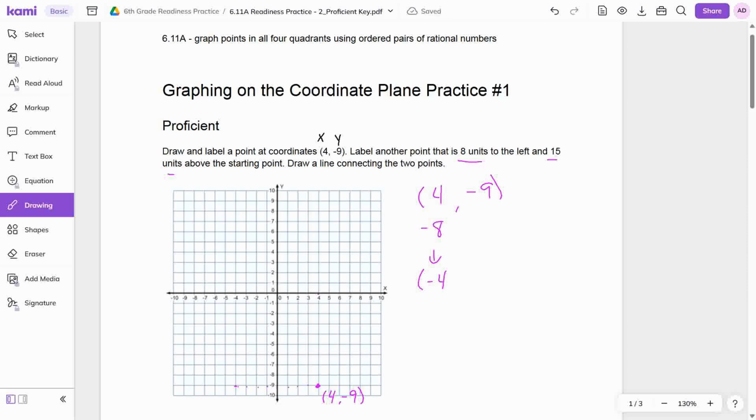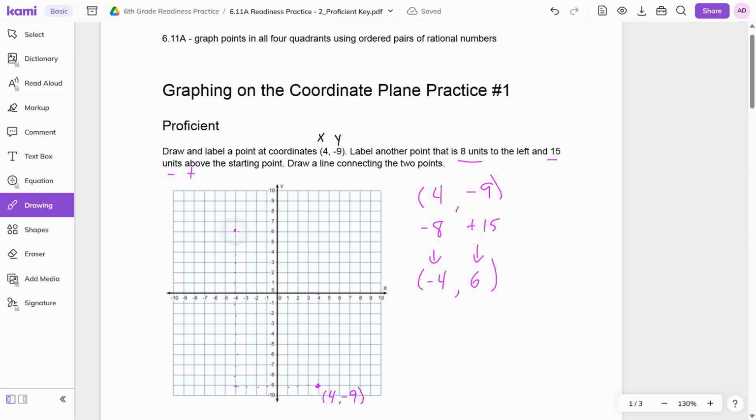Then I have to go 15 units above, and above means I'm going to add. So if I take -9 and add 15, it's the same as 15 minus 9. That's going to end up as a positive 6. So let's add 15 from where I am. 1, 2, 3, 4, 5, 6, 7, 8, 9 gets me back to my x equals 0. And then I've got 10, 11, 12, 13, 14, 15.